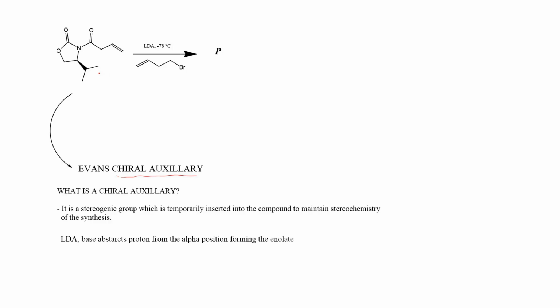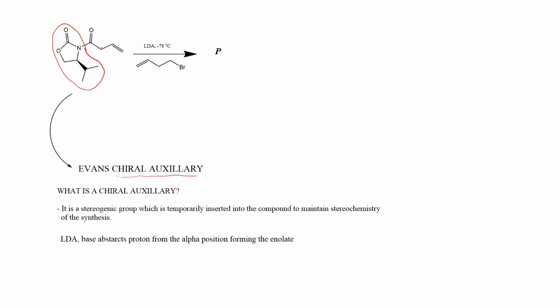Here, for example, this is a chiral auxiliary group. This is the auxiliary ring having an isopropyl group attached to the ring from the above position.